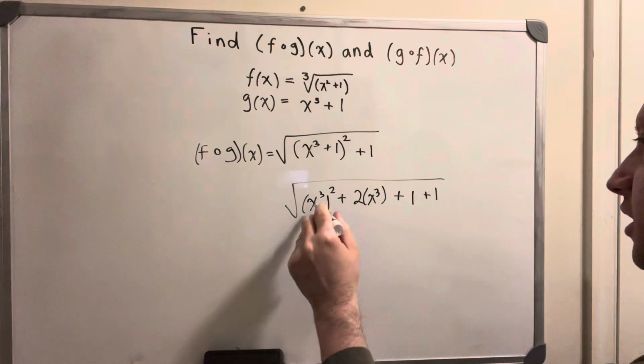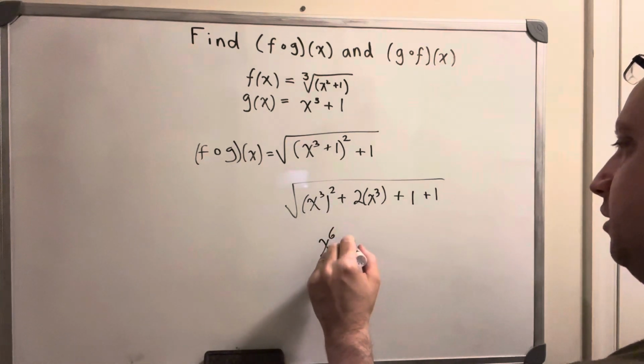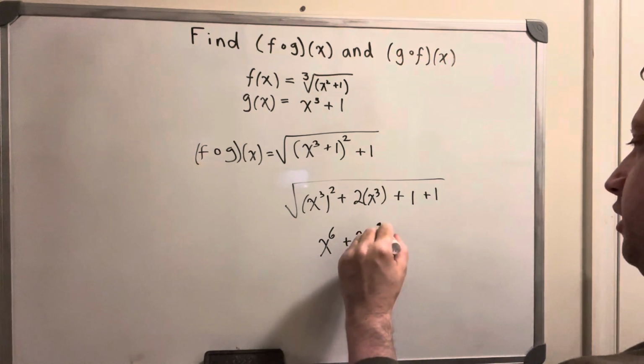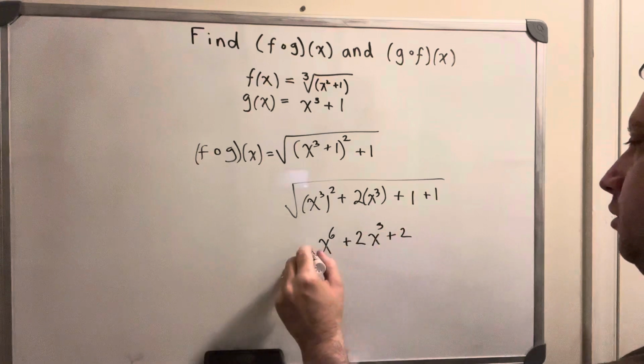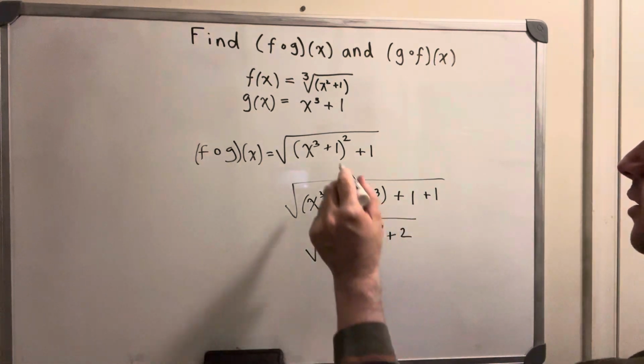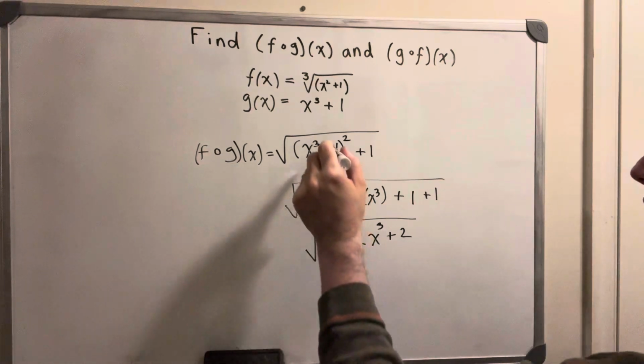Now this is x to the 6th plus 2x cubed plus 2. So this is a little bit less complicated than that.